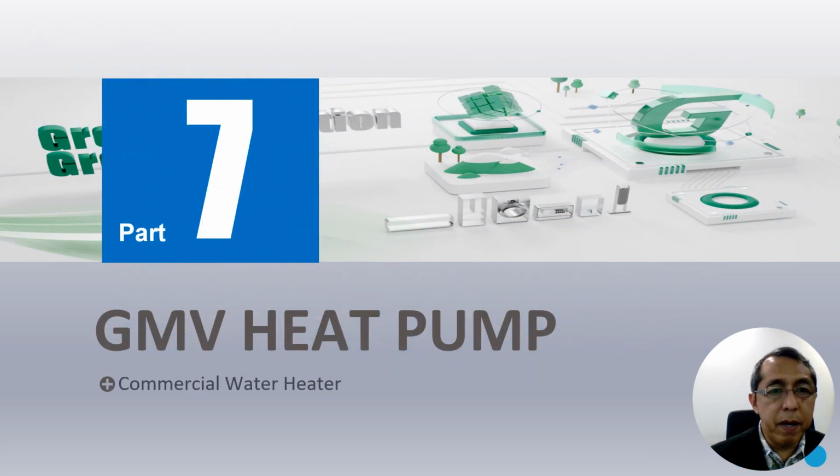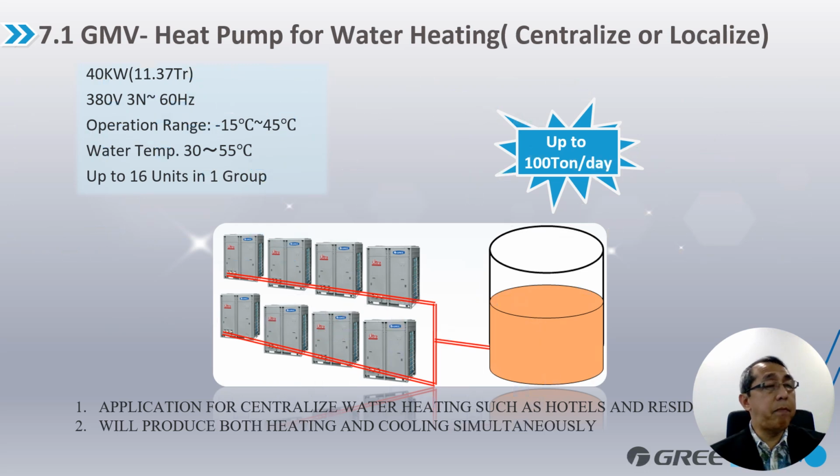For the GMB heat pump, I think it's an application. So you can use GMB heat pump to produce hot water for your occupants. So you can use this for hotel, no?